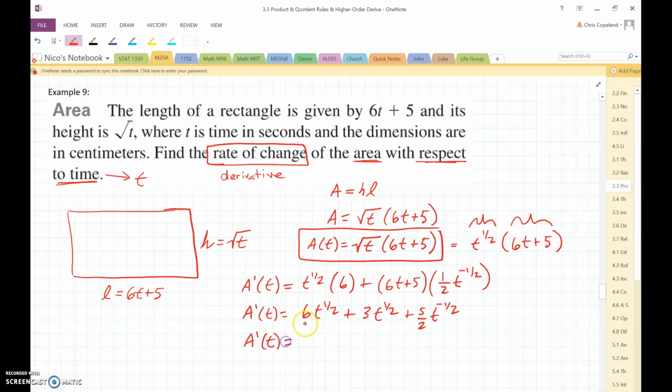And then you could combine like terms here. We can make this 9t to the 1/2 plus 5/2 t to the negative 1/2 power. And that would be the rate of change of the area with respect to time.